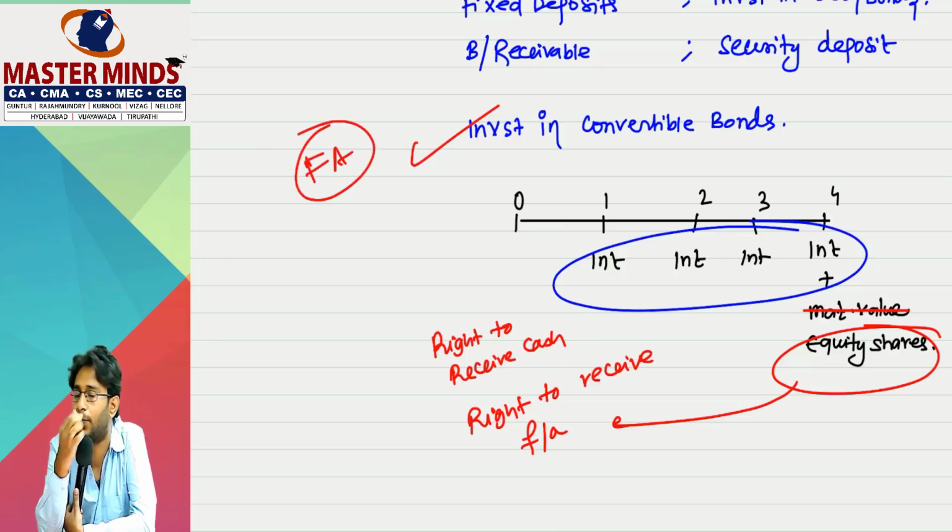Do you understand? So the third point covers contractual right to receive cash. Contractual right to receive any other financial asset also is covered. In this convertible bond, I am having a right to receive cash also. I am having a right to receive equity shares also. Since equity share of that Reliance company is also a financial asset, the right to receive such a financial asset also will become a financial asset. Are we clear here?